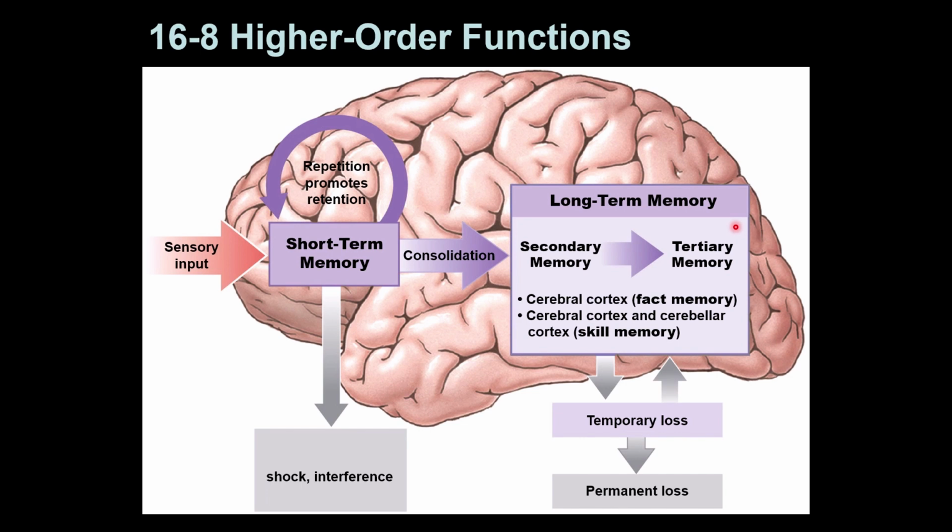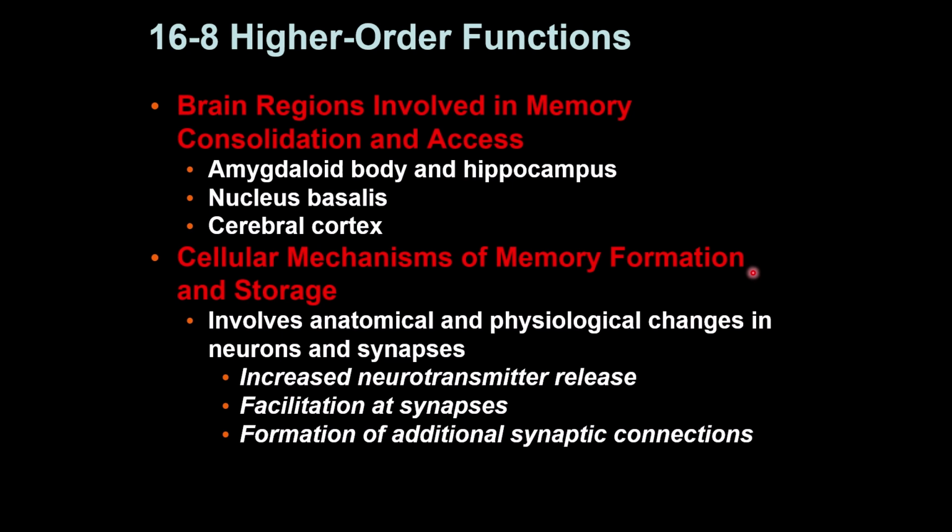This is why people with Alzheimer's disease have short-term memory loss, because that is in the hippocampus, but the tertiary memories are in other parts of the brain, and that is not affected initially. Later on, those memories are also affected, but not initially. So different parts of the brain are involved in different types of memory, and I will come back to that.